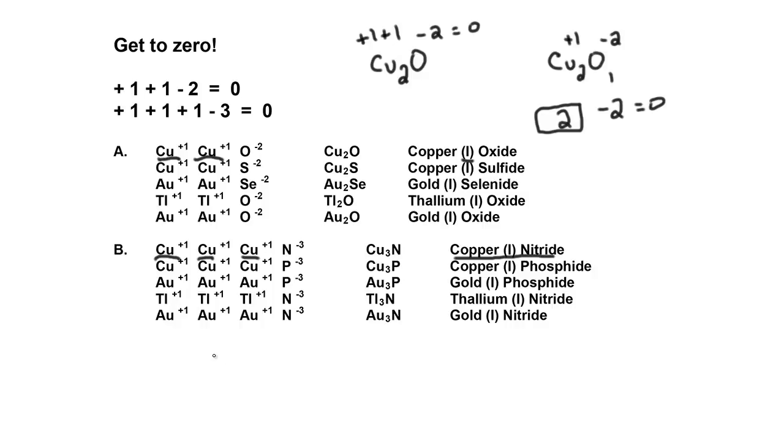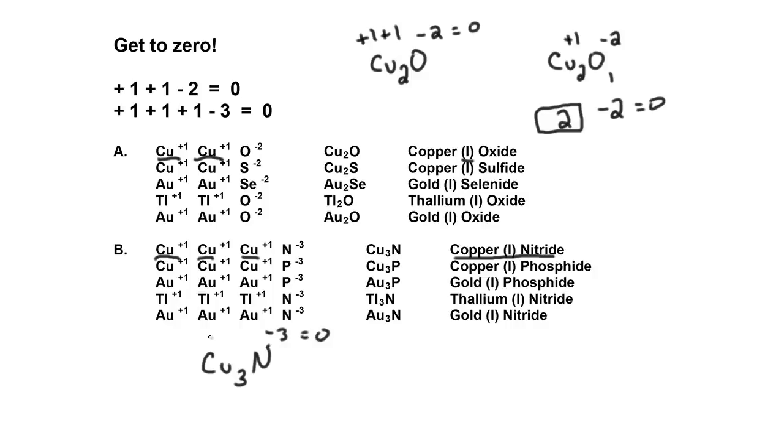Here we have Cu3N. The first thing you would notice is that this is copper, and copper has more than one in the box. You're trying to figure out which ion of copper this is. So you have to go to this nitride, and you know that nitride is minus 3, and we have to get to 0.